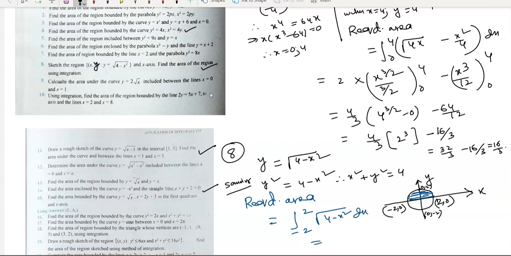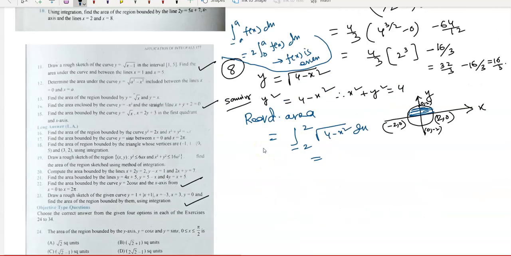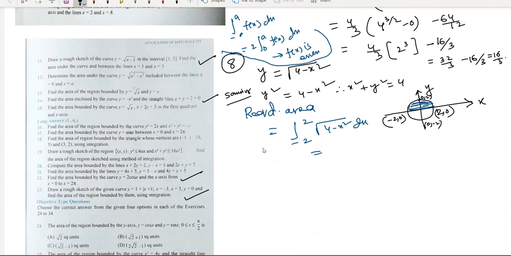And at ease you can write by using the property: integral from minus a to a of f(x) dx, you know the property very well, is twice the integral from 0 to a of f(x) dx if it is an even function. If f(x) is an even function of x, then this is valid, but if it is odd, it is not.